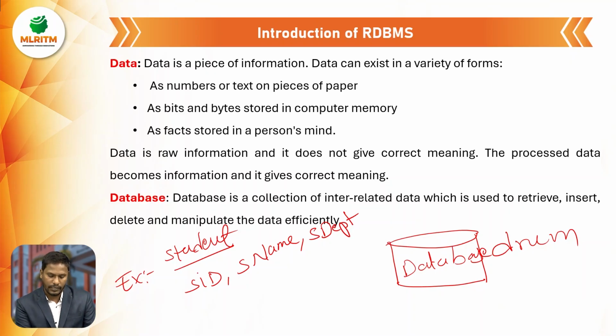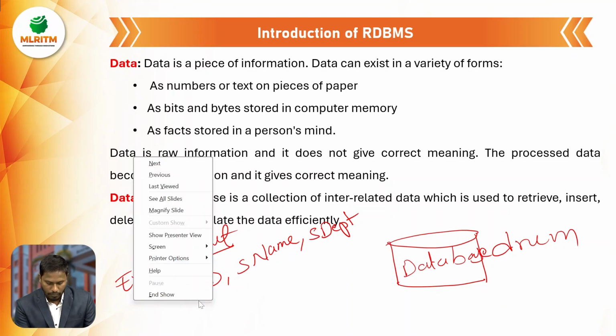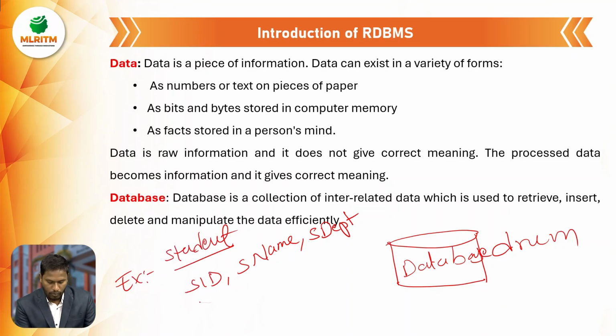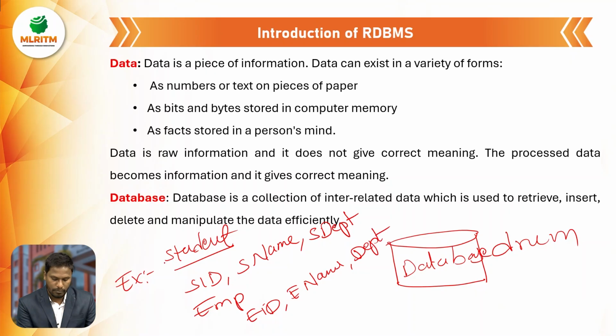Complete student information is called data. One more example is employee: employee ID, name, as well as department. These two tables are collected from our side and stored in the database. We are storing the data in the database. This is called a database.